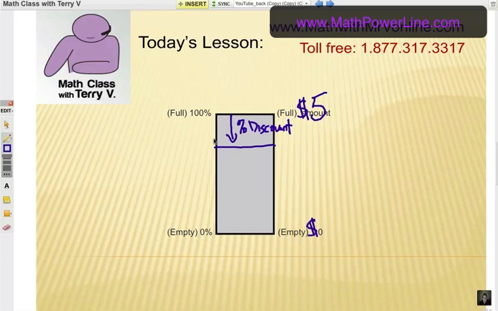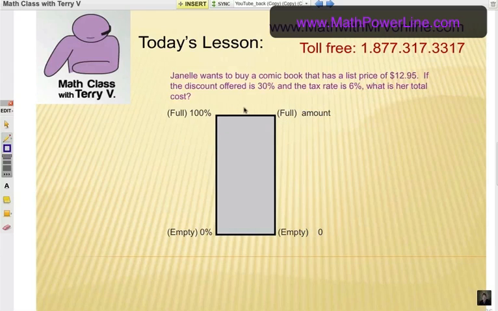Then added back on is the tax amount. The tax amount, or the tax rate, gets added on. So discount is subtracted and tax is added. So we're going to use the proportion method, and I'm also going to show the equation method on how to do this. So here's your first example.